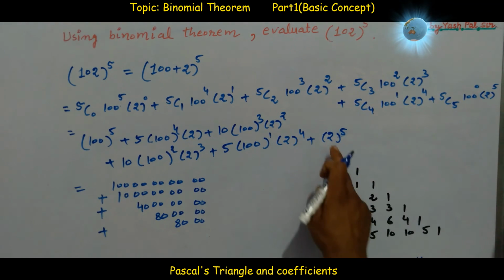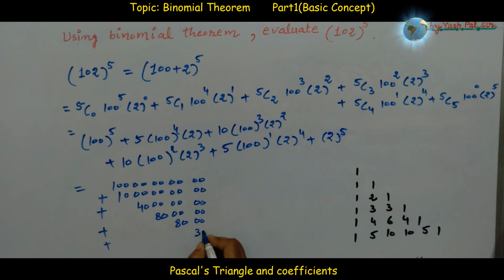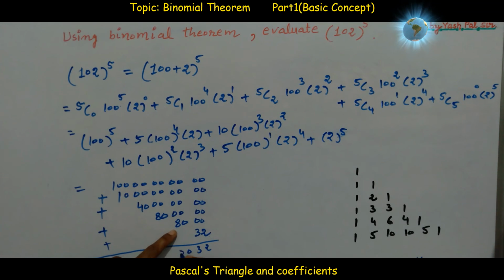Last is 2 raised to the power 5, which is 32. Now adding these, the result is 11040808032.